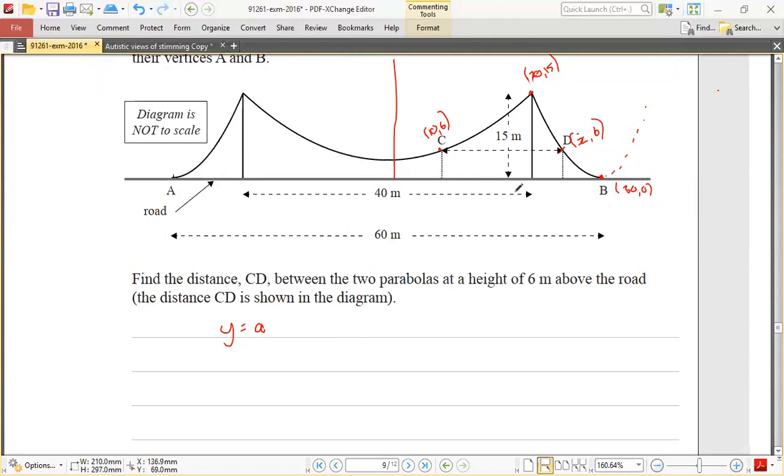If we've had a parabola that has moved to the right by 30, how do we write it? Something take away 30. So it's going to be bracket x minus 30 squared, and we don't have to worry about the C because it's on the x-axis.